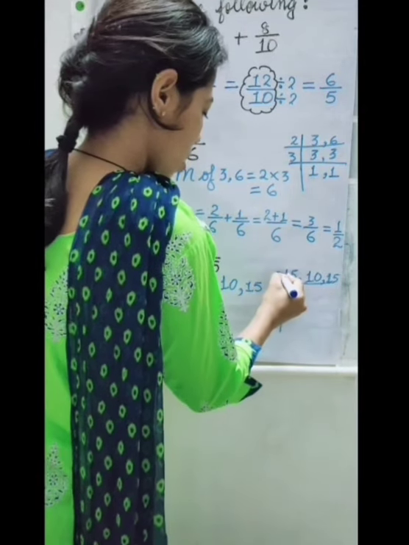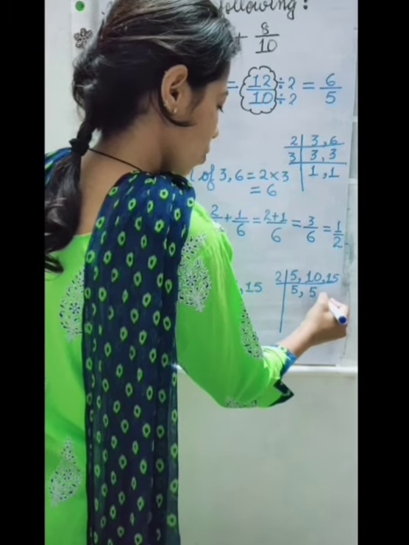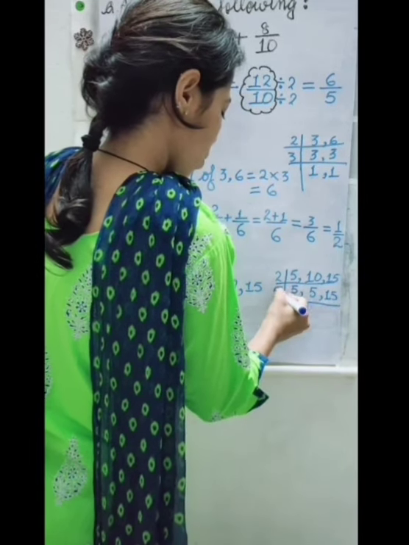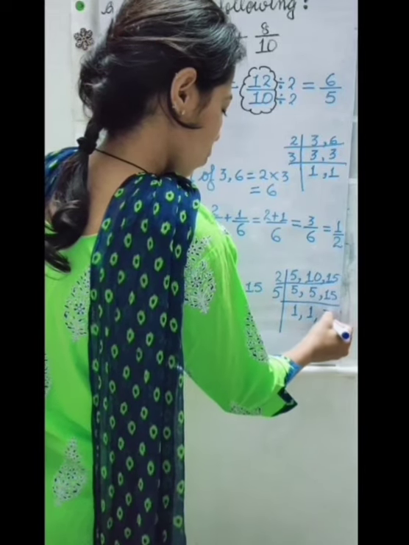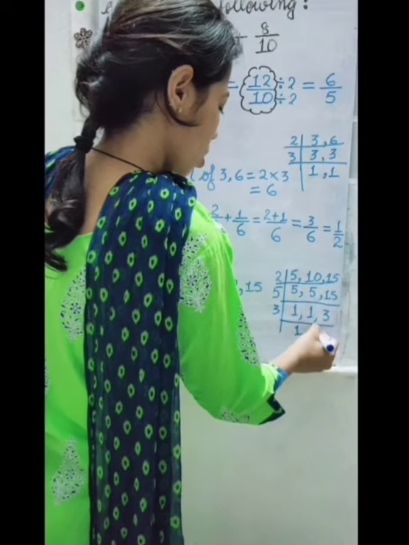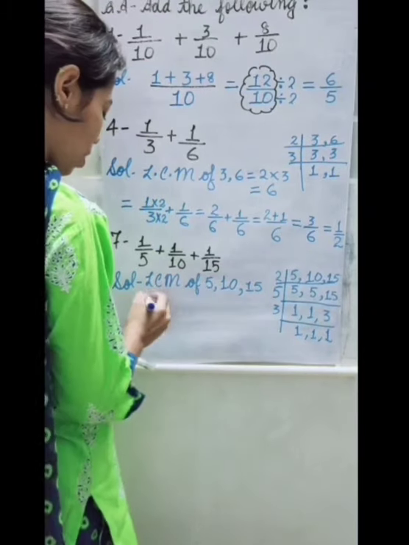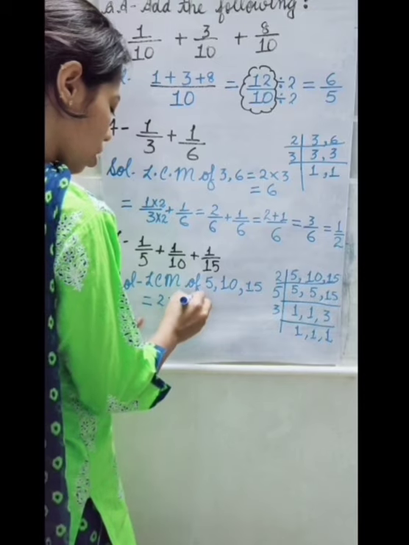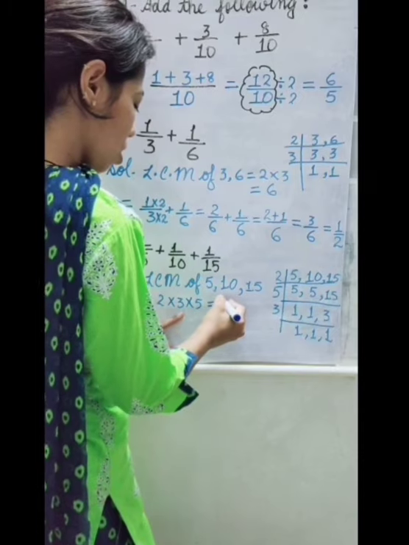As this 10 is divisible by 2, 5 will come down as it is. 2 5s are 10, 15 will come down as it is. Then by 5, 5 1s are 5, 5 1s are 5, 5 3s are 15. Now by 3, 1, 1 and 1. So the LCM of 5, 10 and 15 is equal to 2 into 3 into 5. 5 2s are 10, 10 3s are 30.